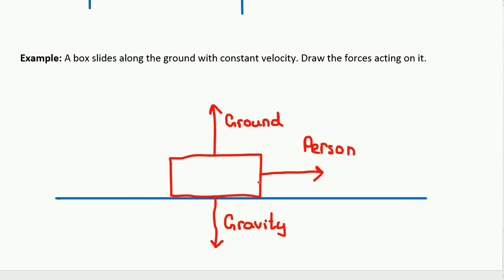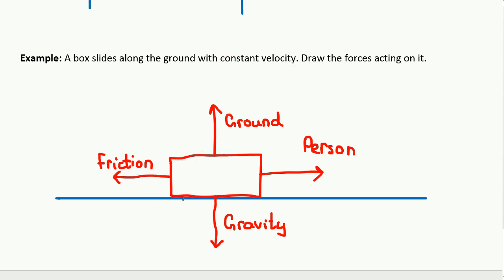Well, the force that we've missed, and I'll add it right now, is friction. There's some friction between the ground and the box that's causing it to slow down a bit. That is probably a full grasp of all the forces acting on this box. And we see now that this diagram does support what happened in the question.